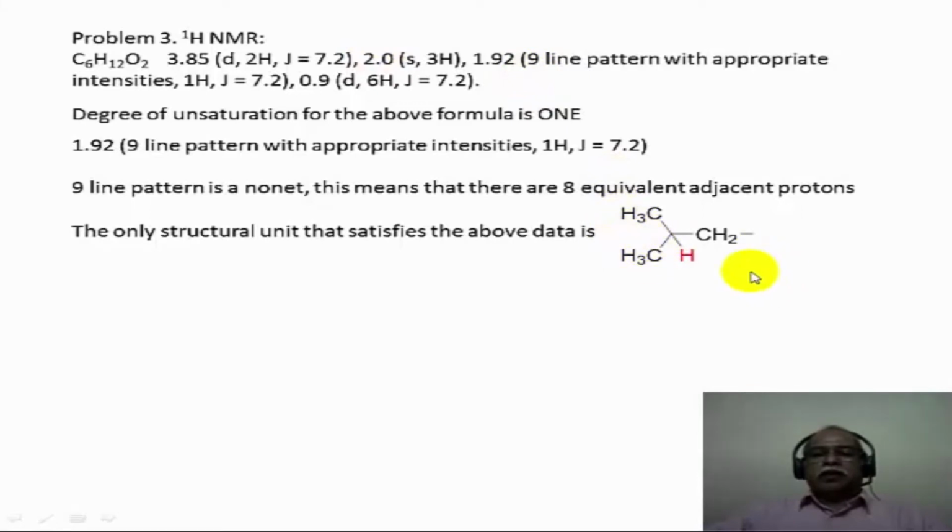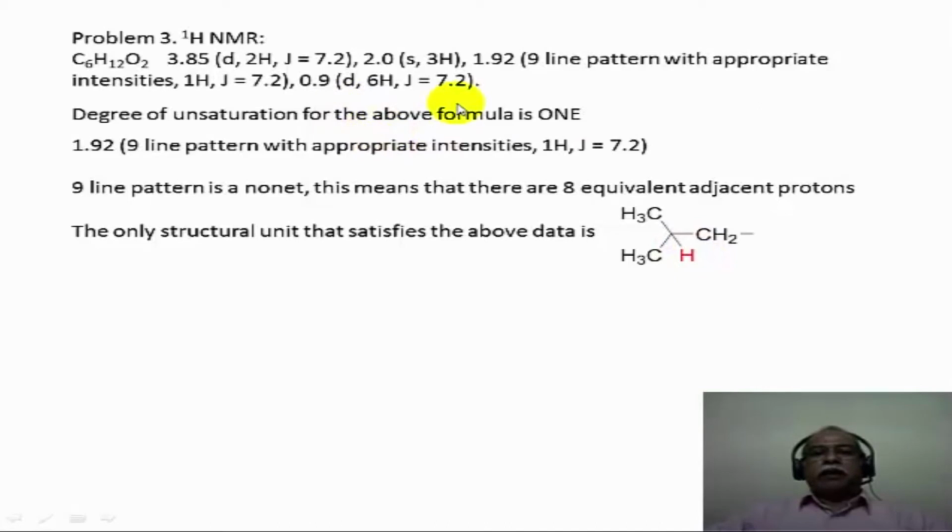Once you have this structural unit, you can extrapolate that this CH2 should be the signal at 3.85 of 2-hydrogen intensity, because it has the same coupling constant of 7.2, so they are coupling partners. 3.85 suggests that the CH2 should be attached to an oxygen, because oxygen is present in the molecular formula. Such a large chemical shift would only mean that this is either an ester or an ether kind of CH2. Then these 2 methyl groups, which are a gem-dimethyl group, should appear as a doublet because of the adjacent red hydrogen.